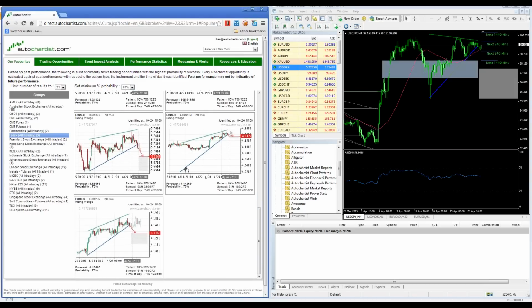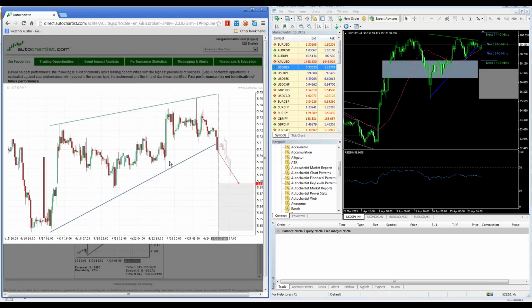Now, for example, let's look at this one over here, USD DKK. Let me just try and quickly locate that on my Metatrader if I have it. Oh, I don't think I actually have it installed on this Metatrader. But in my experience, it'll tell me that USD DKK has broken through, aiming towards the 5.68 level.